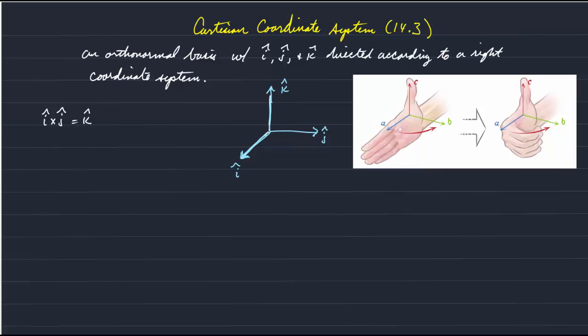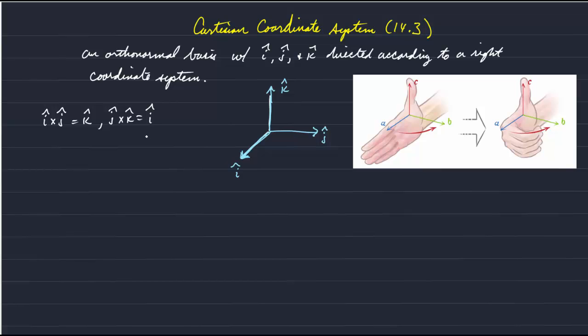You can see with the fingers in this diagram pointing in the i hat direction, when they're rotated to the j hat direction, the thumb would point in the k hat direction. j hat crossed with k hat will give the i hat unit vector.